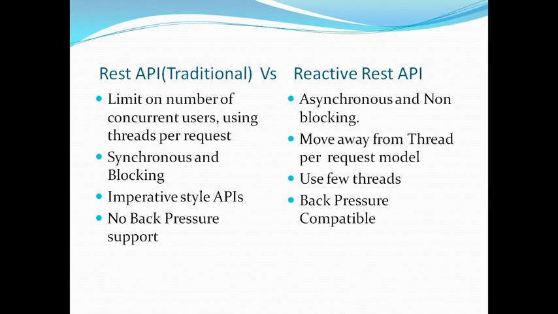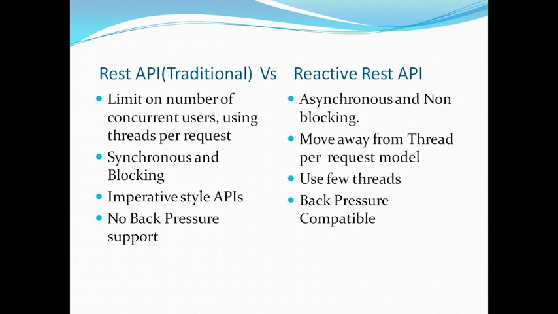Let's compare with the traditional REST API application. In a traditional application, all the requests coming to your application can at one point in time reach the maximum number of threads. Let's say your application is designed with a Tomcat web container. A Tomcat web container can provide a maximum of 200 threads at a time.